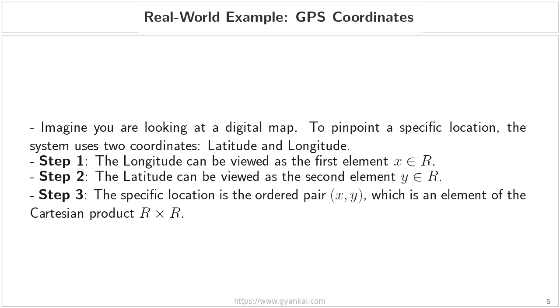This pair is a single, specific element belonging to the Cartesian product of R and R, which we denote as R × R. So, just as we saw in the previous slides, the GPS system is essentially using the Cartesian product to turn numerical data into a precise point on a map.